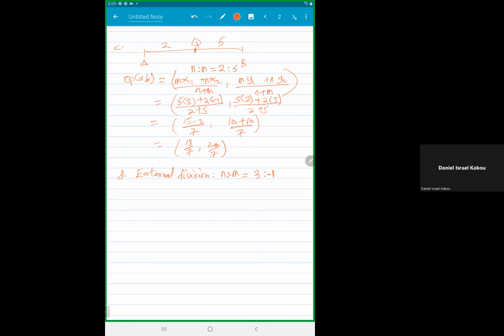So the formula for that, assuming I'm calling that R. So R is the division we are looking for, and I'm basically repeating the formula in the internal division, but I'm negating M because M is the one associated to the smallest number, which is the -1. So from the formula Q I have up there, from this formula, I am just negating M throughout.